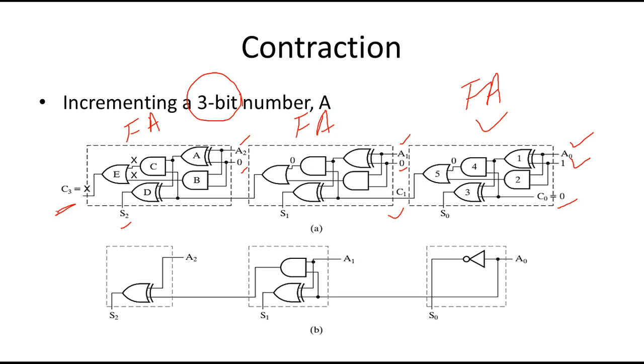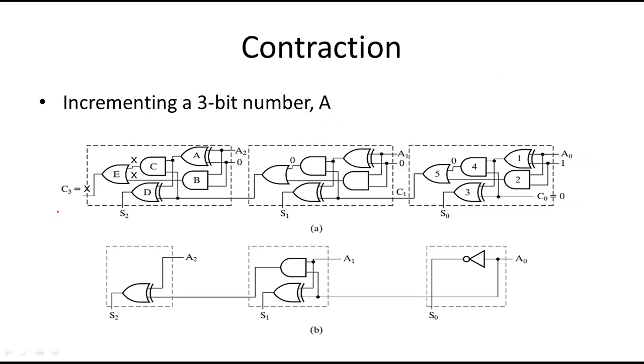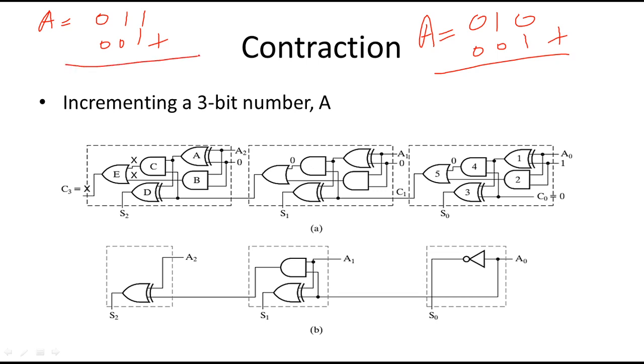If we analyze it, for example, if there are two possibilities of our number, so let's say A is equal to 0, 1, 0, or A is equal to 0, 1, 1. So we just want to add 1 to it, that is, plus 0, 0, 1. So for the least significant bit A0, there are two possibilities that it can be 0 or 1.